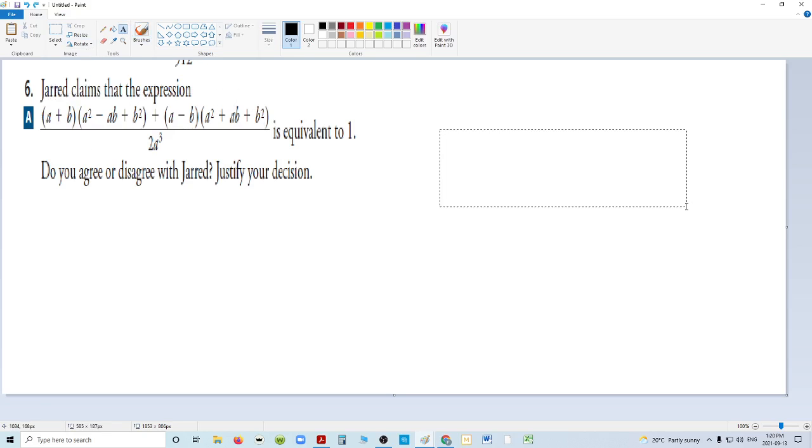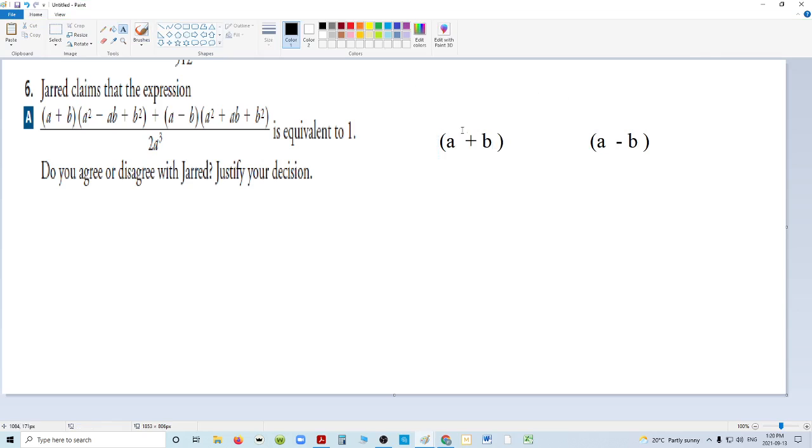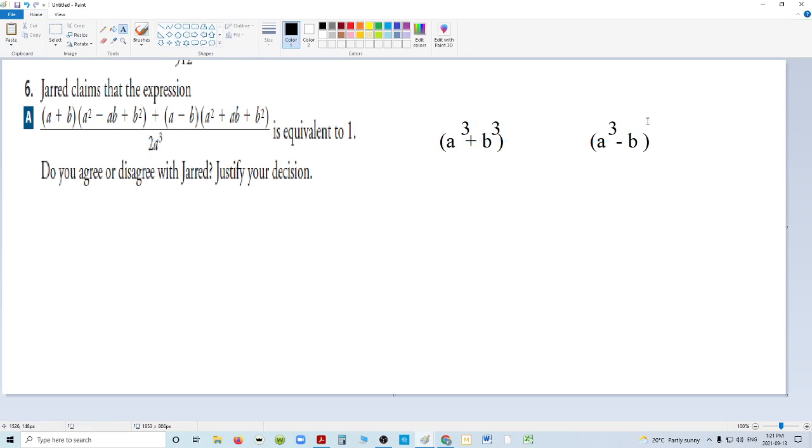So really, that's a cubed plus b cubed on the first one, and the second one is a cubed minus b cubed. How do I know? Because I can see the terms cubed, cubed, cubed, and cubed.